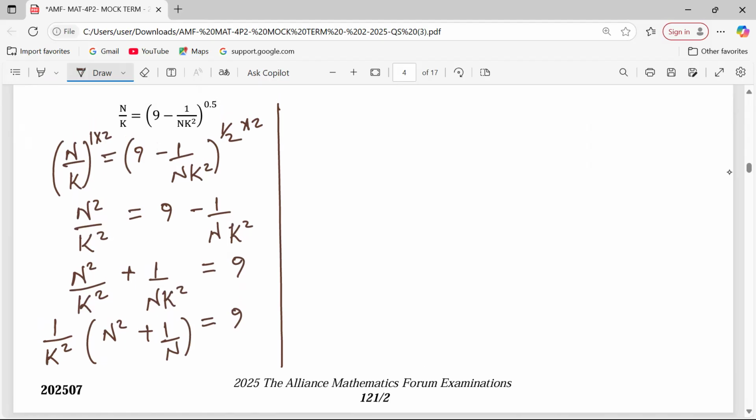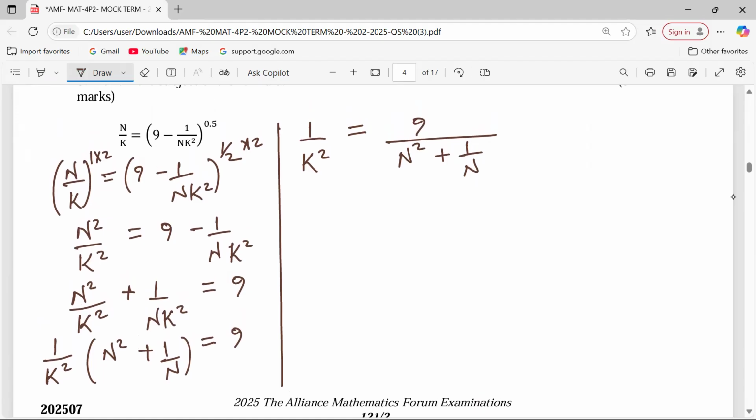This is after, for us to remain with k squared, that way, equals 9 should be divided by n squared plus 1 over n. Yeah, n squared plus 1 over n that way.